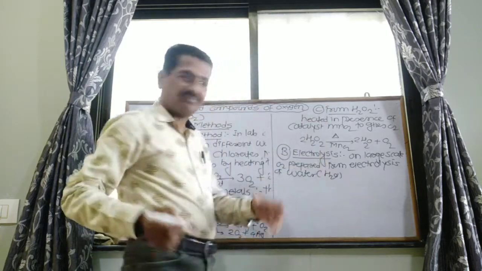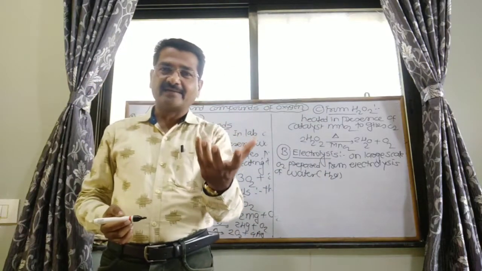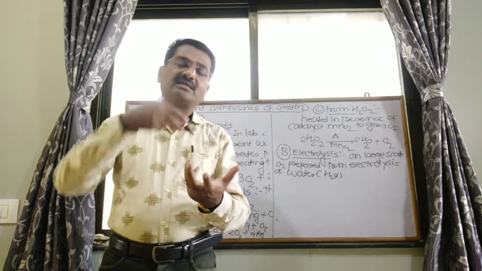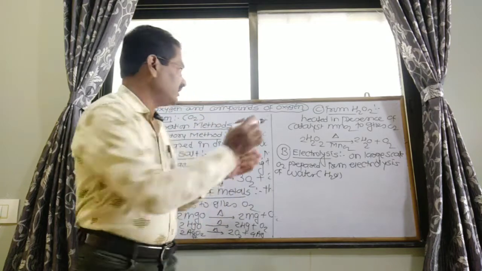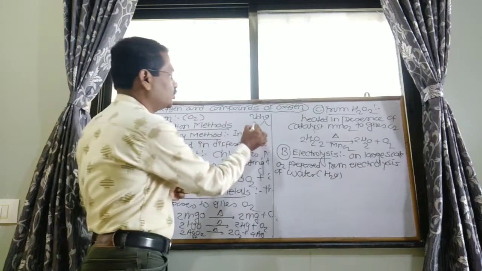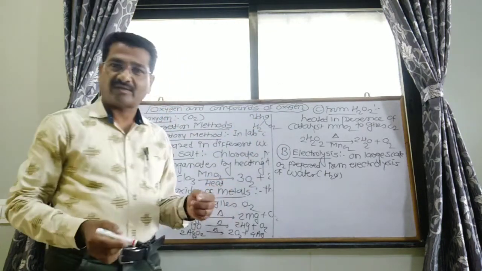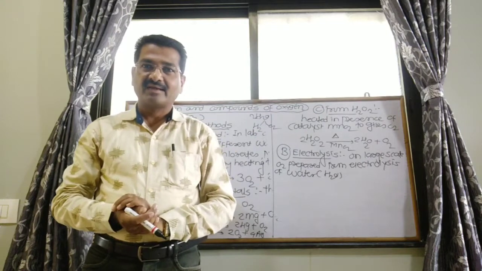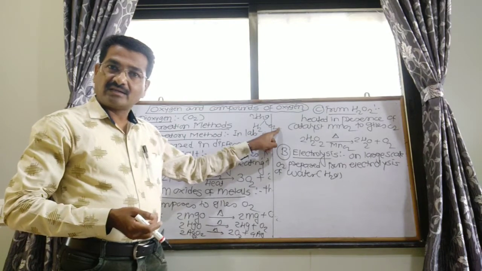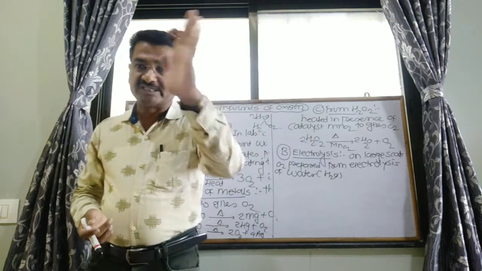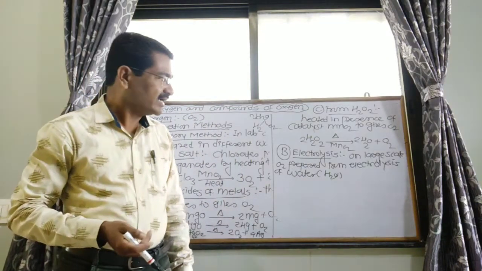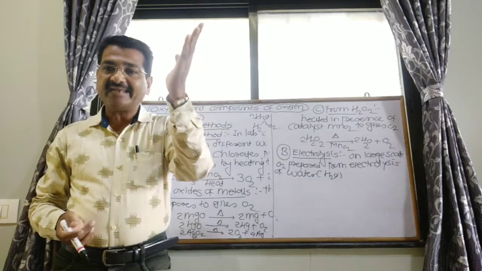Whenever water is taken in a beaker and current is passed through it, it breaks up to give H2 and O2. Whenever the current is supplied, it undergoes electrolysis and gives H2 and O2. O2 is deposited at the anode and H2 is deposited at the cathode.